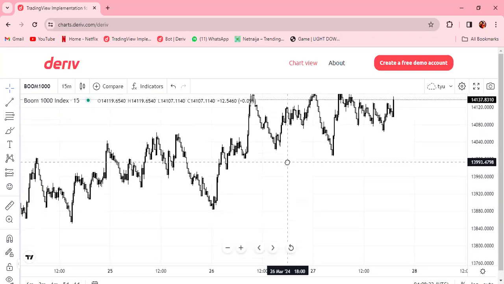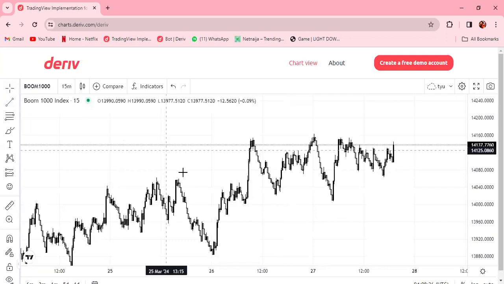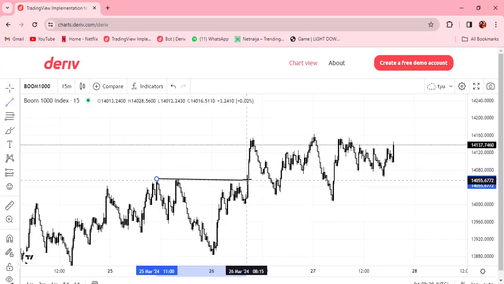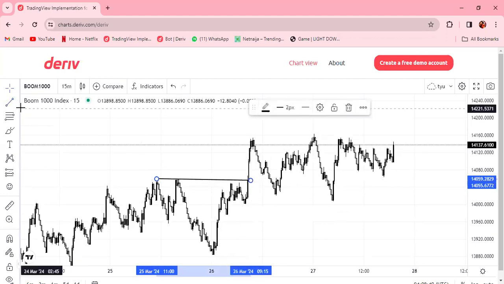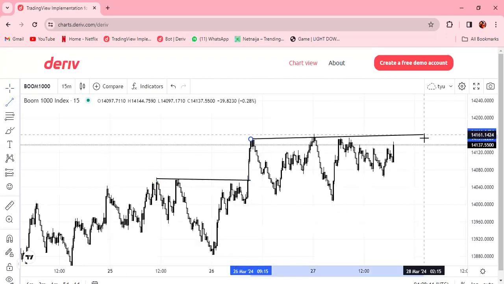So let me give you an example, right? Here we had a break of structure to the upside. And then this is our swing high up here.